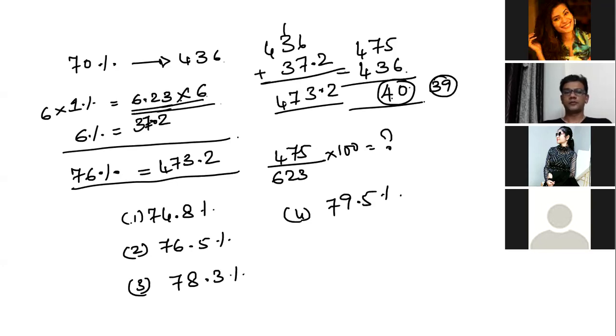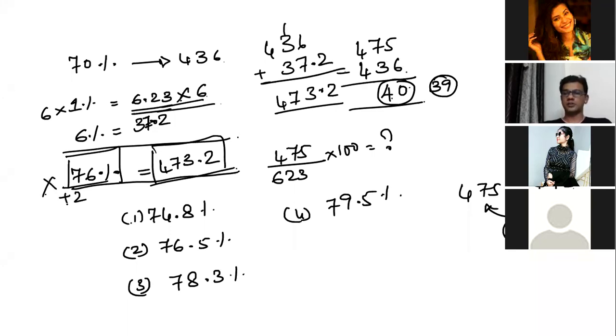All of you? Where did you reach? You were at 76% for 473.2, correct? You need 475. Now do not make this mistake: that you are at 473, and for 475, because I require 2 more, I will add 2 more here.